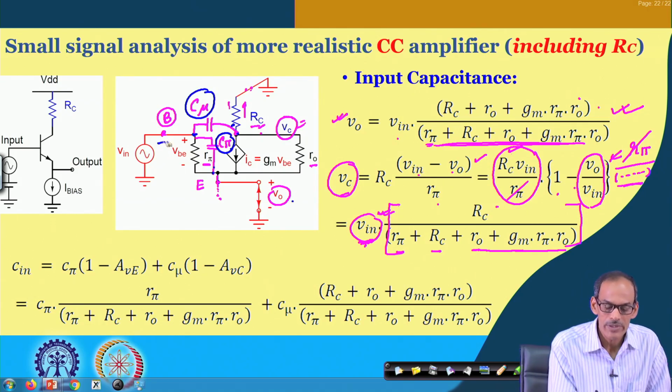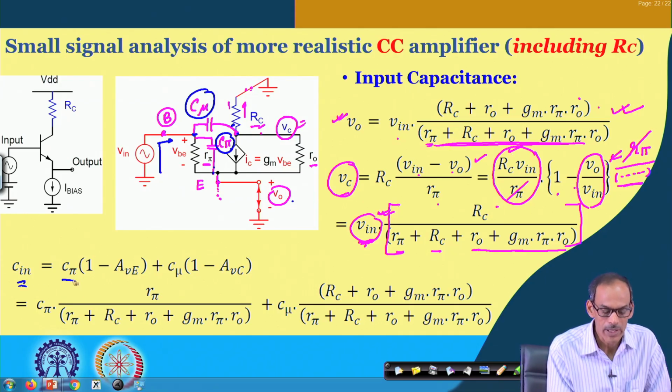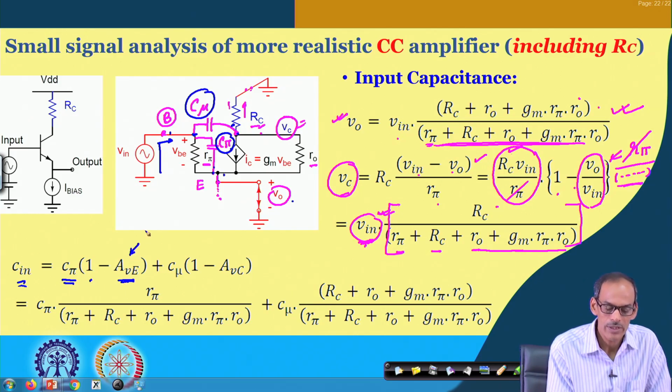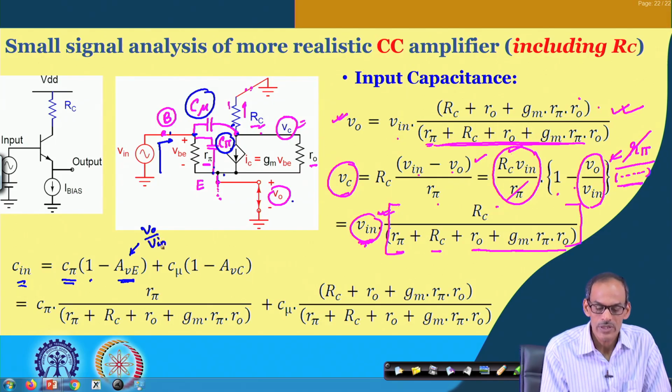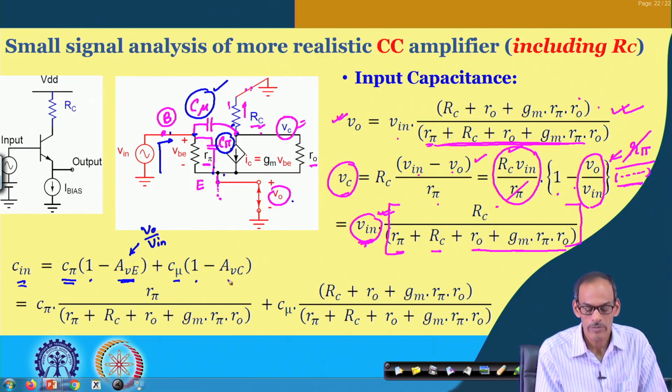So the input capacitance at the base terminal is C pi multiplied by 1 minus the gain from base to emitter, let us call this gain AVE, and AVE is VO divided by V in. On the other hand, the contribution of C mu is C mu multiplied by 1 minus AVC, and we define AVC as V C divided by V in.